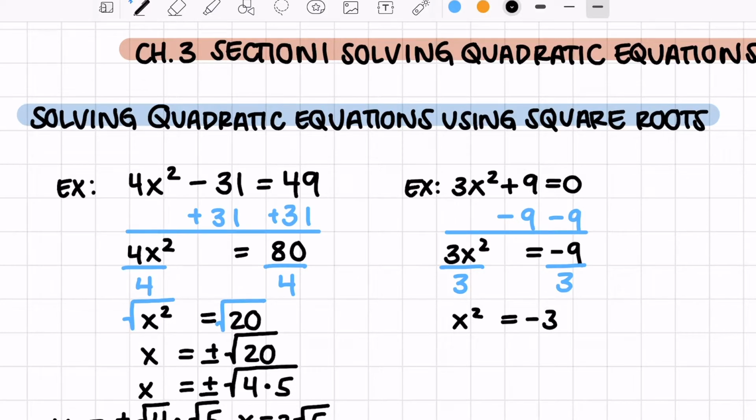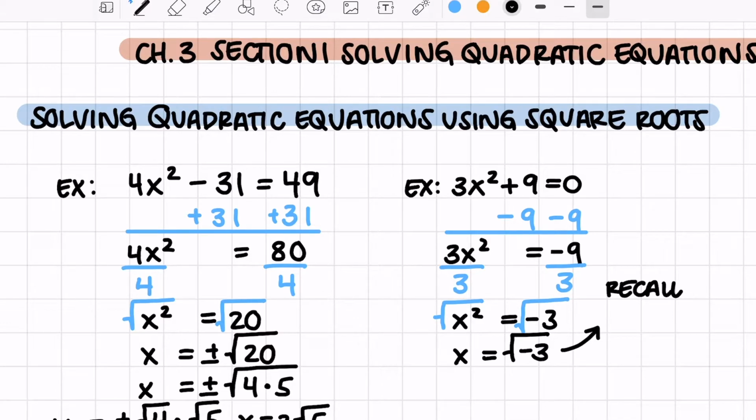There's going to be a little catch here though, because if I were to square root x squared on both sides, the only problem that I face here is that I'm square rooting a negative number. And if you remember from before, so I'll put this as recall, you can't really have a square root of a negative number.